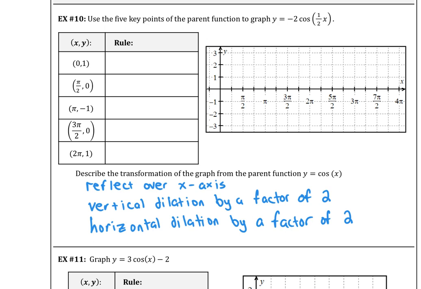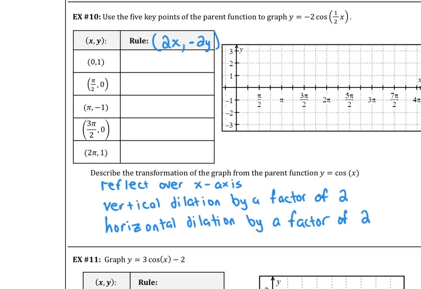And so, if you think about this, the horizontal dilation will affect all the x coordinates, so that's 2 times x. And then the vertical dilation and the reflection will affect the y coordinates. Okay, so here's what we got.